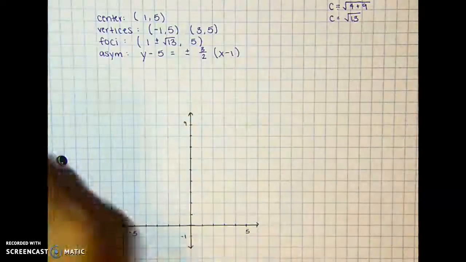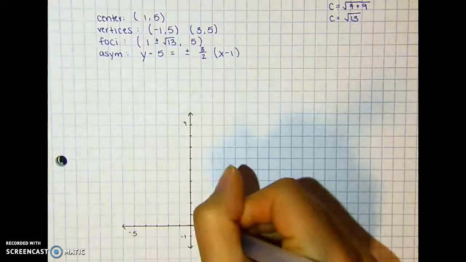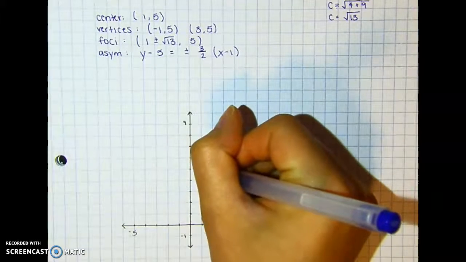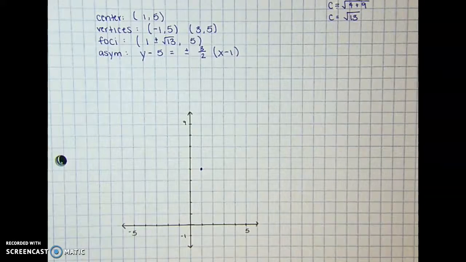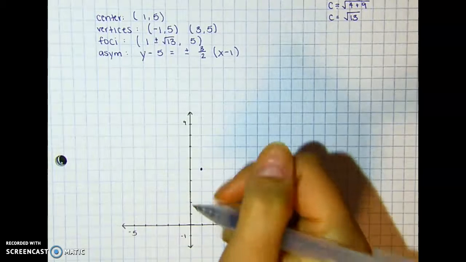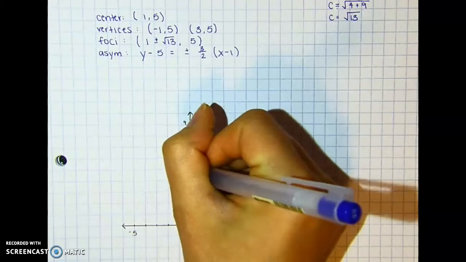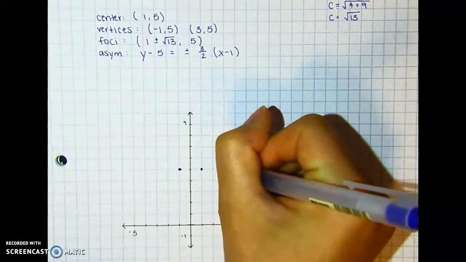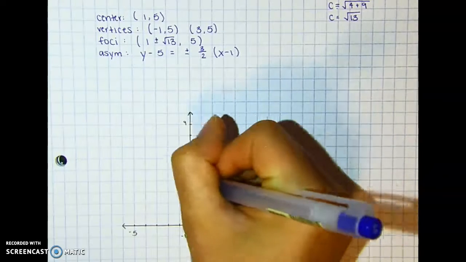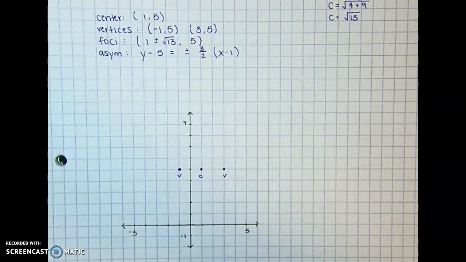All right, so our center is at (1, 5), right? And then our vertices are going to be to the left 2, so (negative 1, 5) and (3, 5). Right, so here's our center, here's a vertex, here's a vertex. The foci is going to be 1 plus the square root of 13.